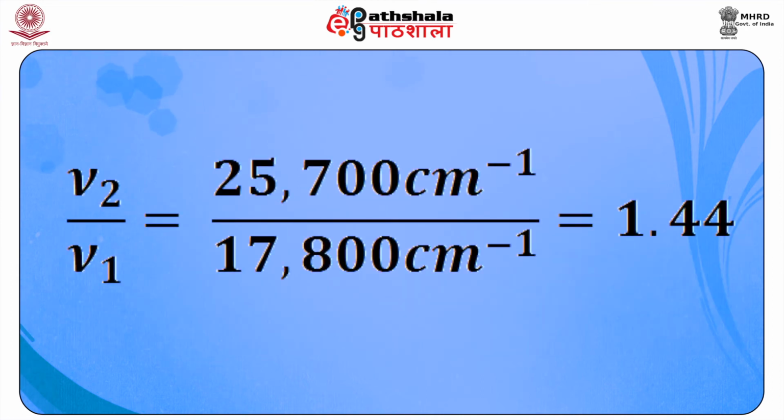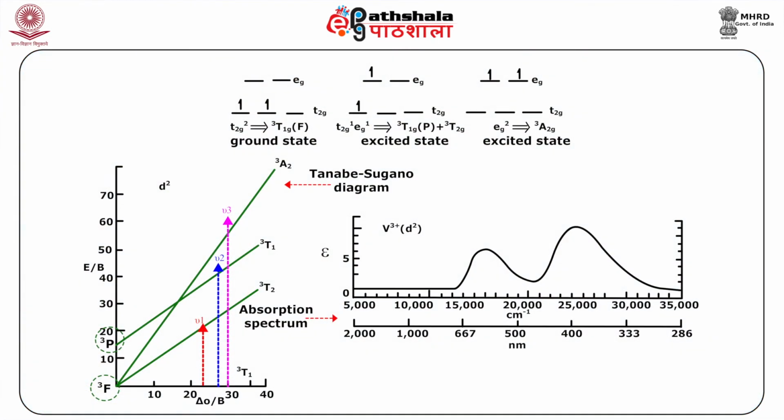Now we will determine the value of nu2 upon nu1, which in this case comes out to be 1.44. From the Tanabe-Sugano diagram, it can be seen that the ratio of nu3 upon nu1 comes out to be approximately equal to 2. Hence, the value of 1.44 definitely corresponds to the ratio of nu2 by nu1.